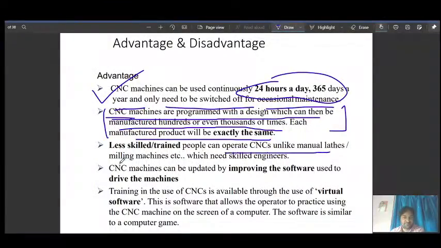Like here, to run a lathe machine or milling machine, we need skilled engineers or even skilled operators, because not everyone can operate a lathe machine.